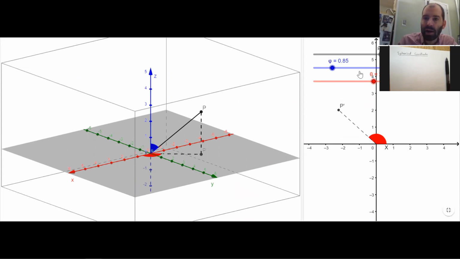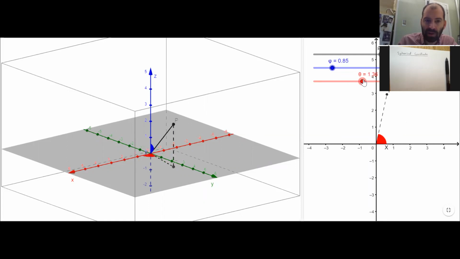So to specify a point in space here, we're going to use the polar coordinates on the base, or almost. We're going to use this theta, all right? So theta is going to specify our angle from the x-axis, just like polar coordinates. So that's going to swing us around from the positive x-axis.